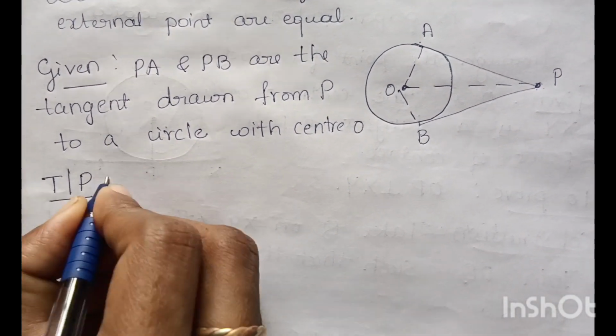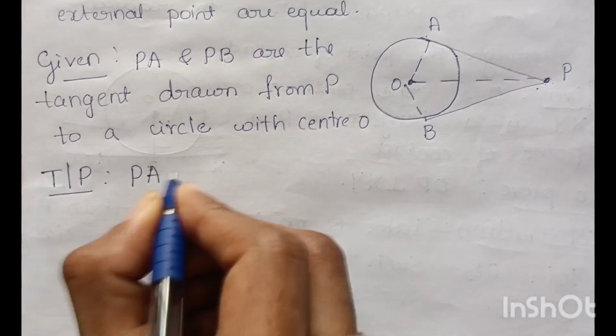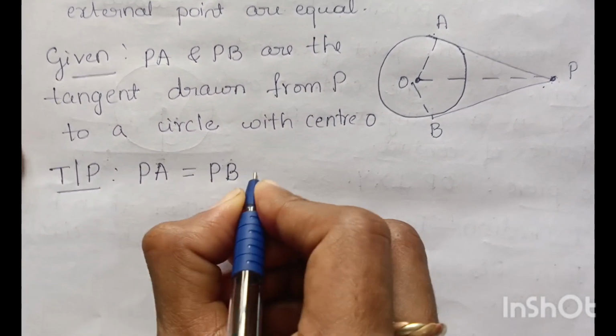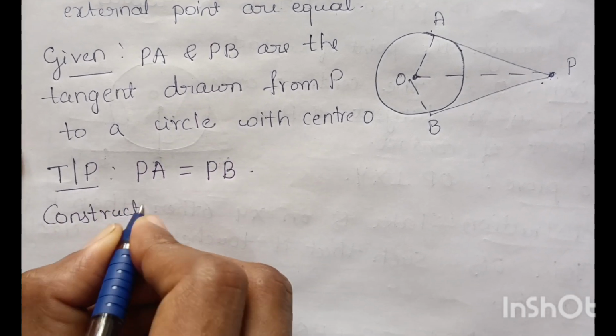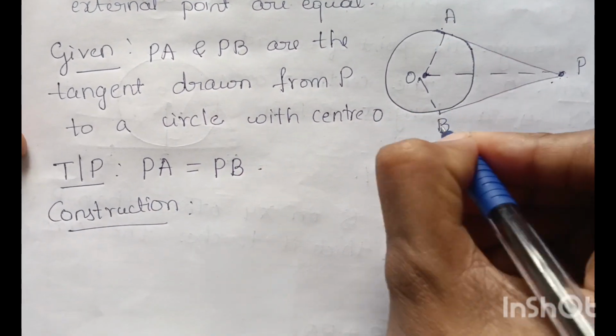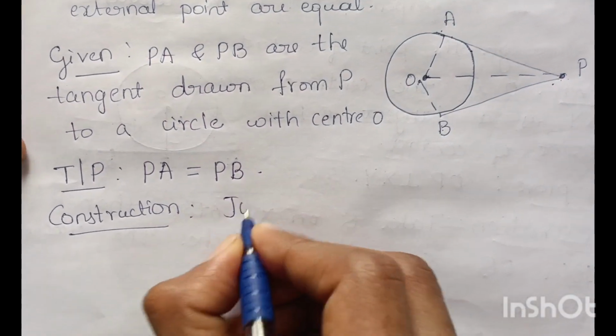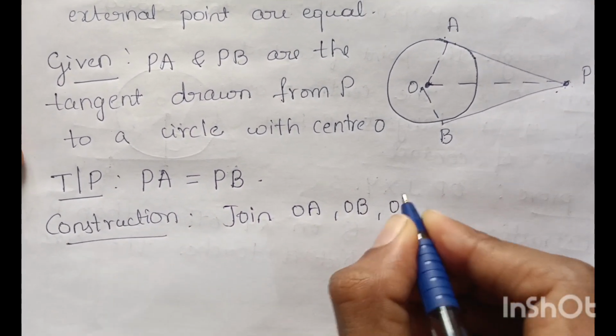I have to prove the tangents drawn from the external point are equal, meaning PA is equal to PB. It has one small construction. Whether you write it or not doesn't matter. So join OA, OB and OP.